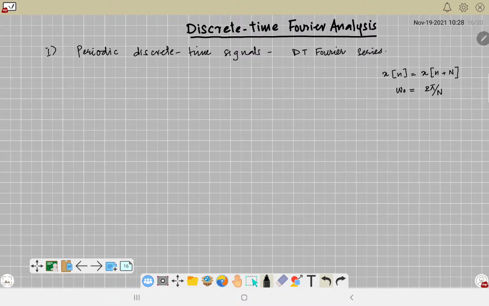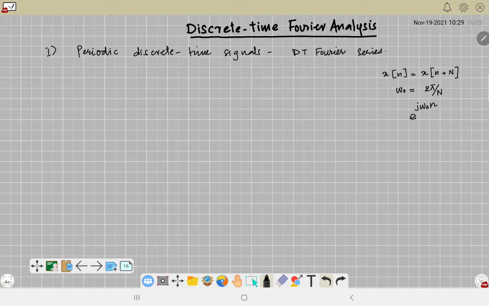Now in Fourier analysis, we try to express our signals in terms of complex exponentials. That was the approach we followed in the continuous time case, and the same approach we're going to follow in the discrete time case. We know the basic complex exponential in discrete time is something like this, e raised to the power j omega naught n.